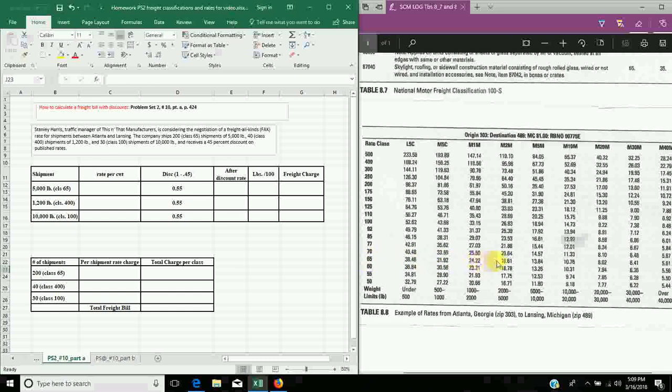We go all the way over here to where it says 5,000 pounds. And remember, this should read 4999, I should say. So 5,000 pounds right here at 65 would be $13.84 per hundredweight. So we're just going to put in $13.84.